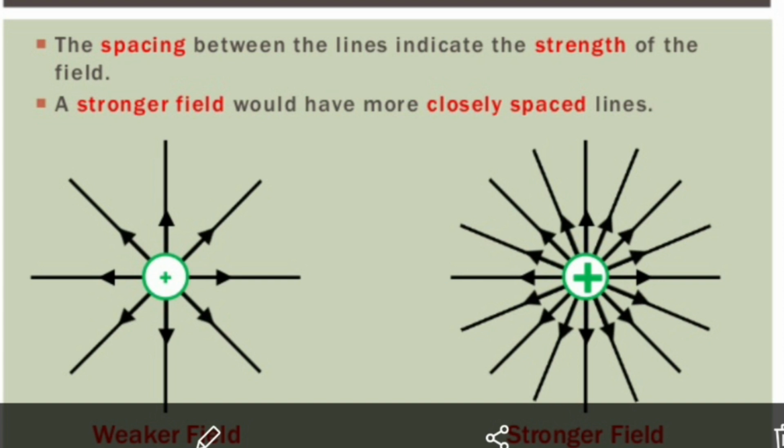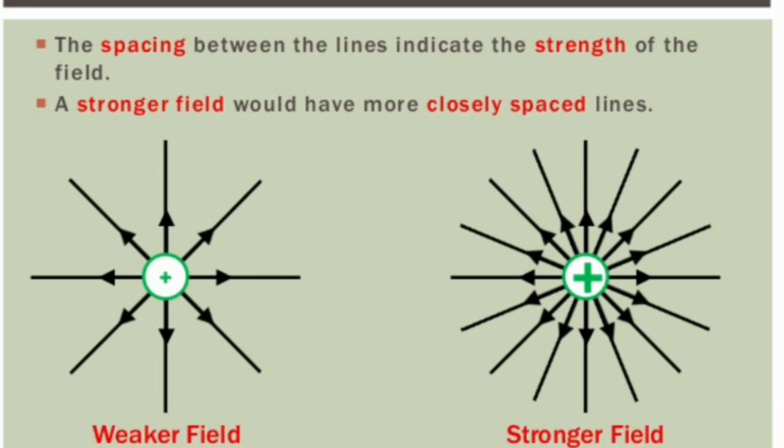In the case of positive charge and negative charge, we can say the electric field lines start or end at infinity. It means that in the case of a positive charge, the field lines start at the positive charge and end at infinity.